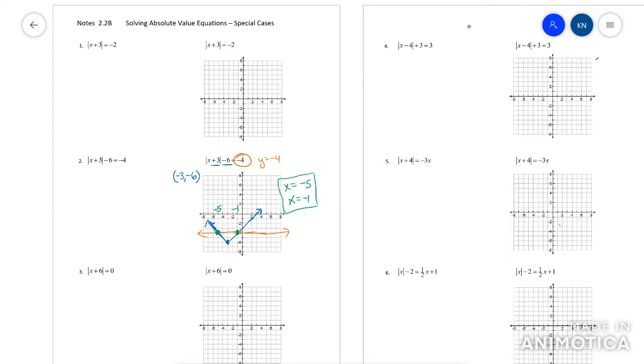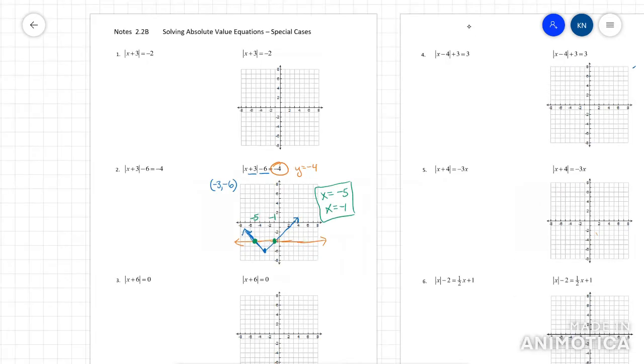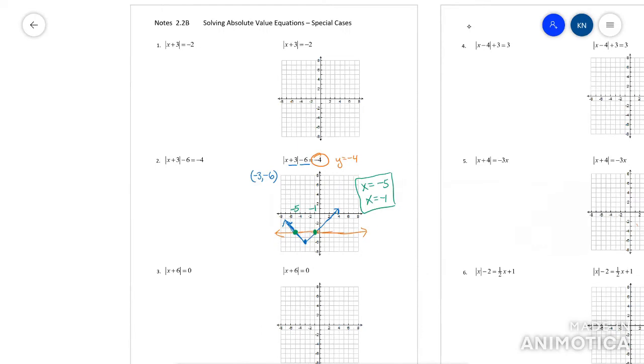And if I just had to solve this graphically, I would be done. But let me also show you how to do it algebraically. So there's kind of a system I use, and it goes like this. Get the bars by themselves is your first goal.